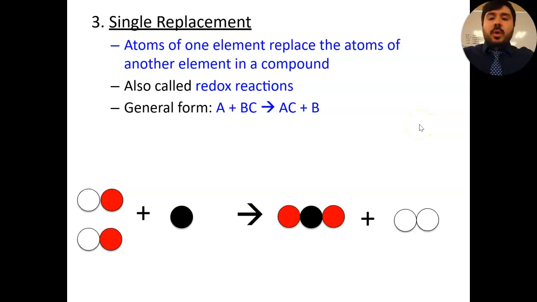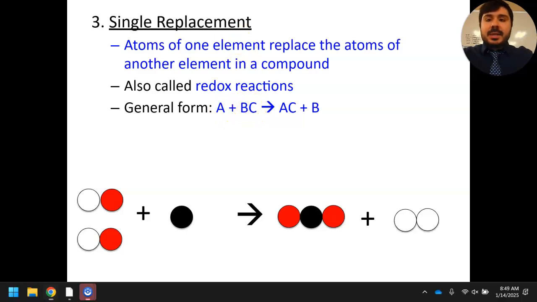But the generalized form here is this. You've got some element A and some compound BC. What happens here, guys, is this element A comes in and reacts with the compound, and what it ends up doing is it boots out the B from the compound BC.